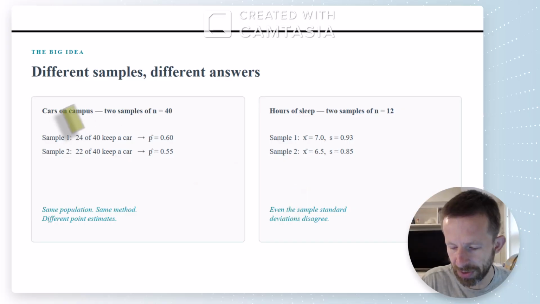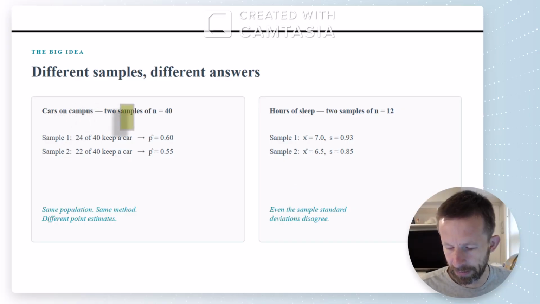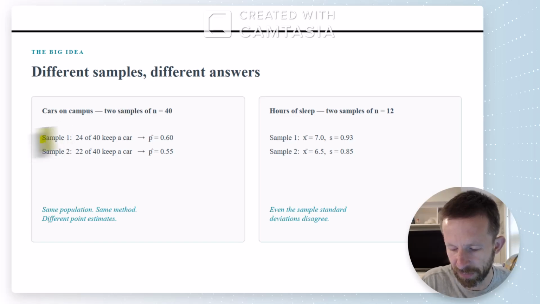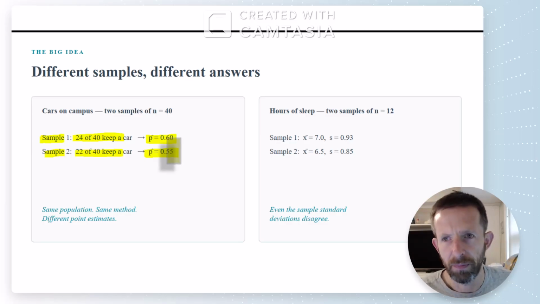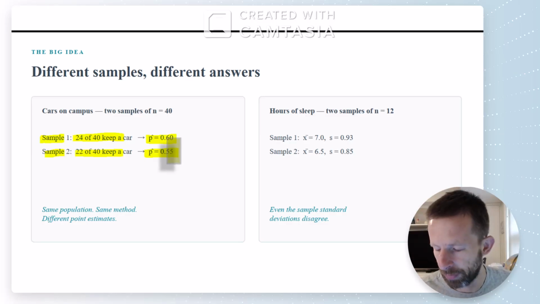For example, cars on campus. How many students have a car on campus? In the first sample, 24 out of 400 do. In the second sample, 22 out of 400 do. So you have a p-hat, which is a sample proportion. In the first one, you have 60%, and in the second, you have 55%. So just basic variability between samples.